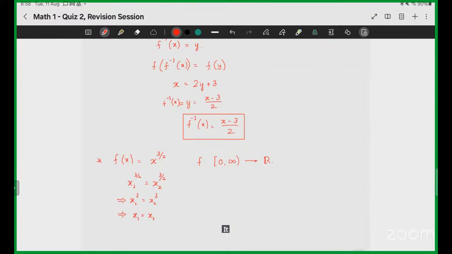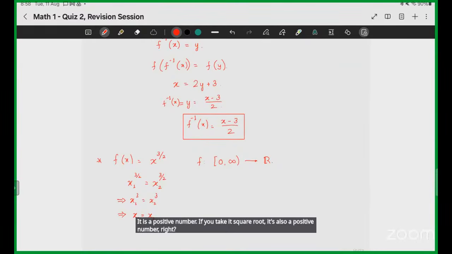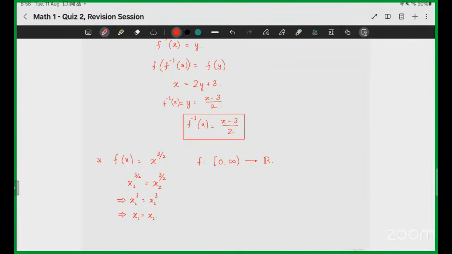It has to be positive, right? If you cube a positive number, it is a positive number. If you take its square root, it's also a positive number, right? Is that okay? Range of f is 0 to infinity.